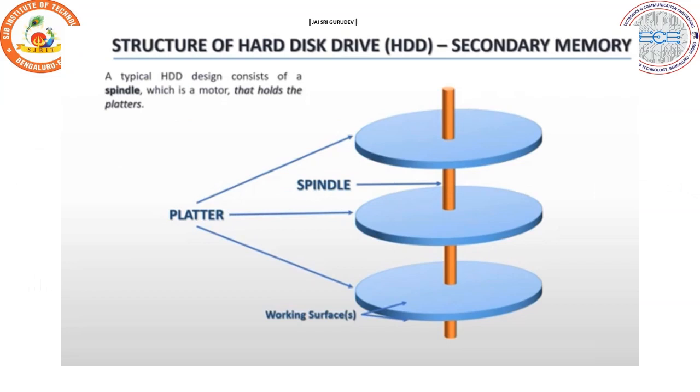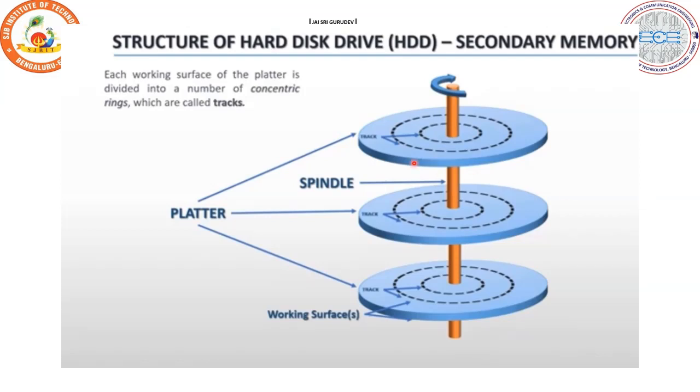The next is the typical hard disk drive design consisting of a spindle. The spindle is the motor that holds the platter and also supports it to move. Each working surface of the platter is divided into a number of concentric rings, which are called tracks.